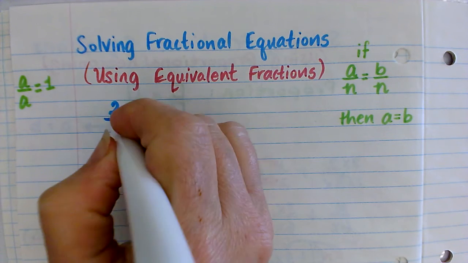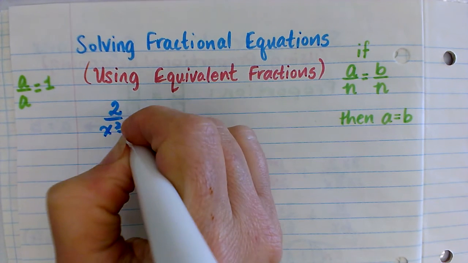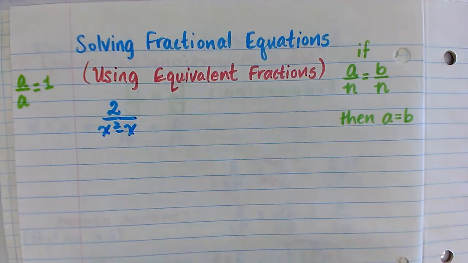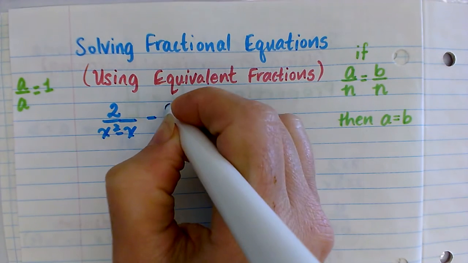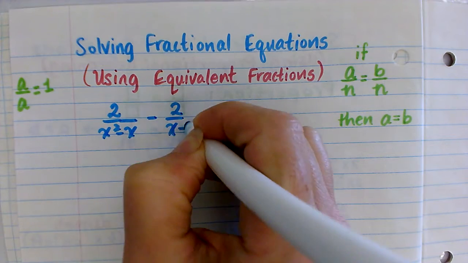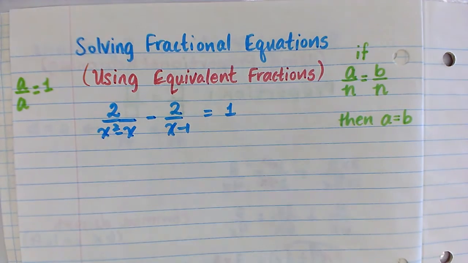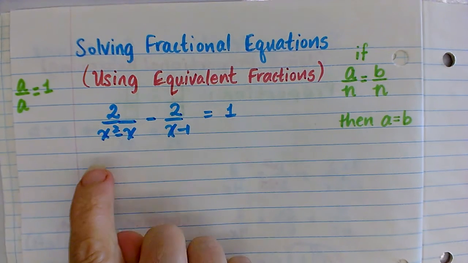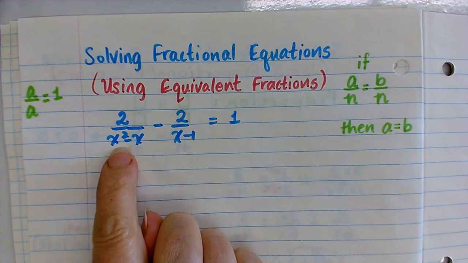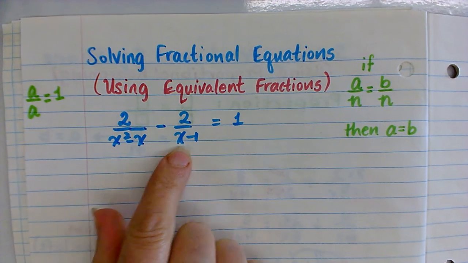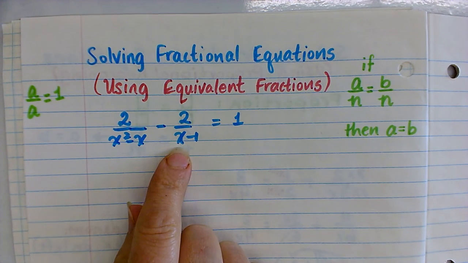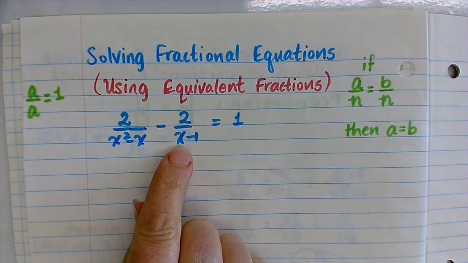So I've got 2 over x squared minus x, minus 2 over x minus 1, equals 1. The first thing I'm going to look at are these two fractions on the left here. They appear to be quite different, but actually they're not.